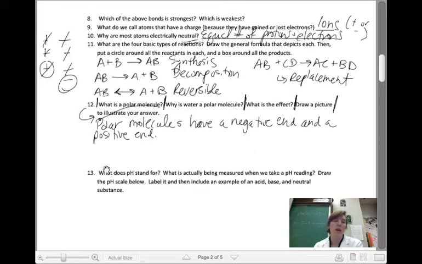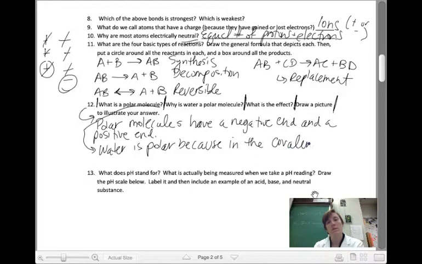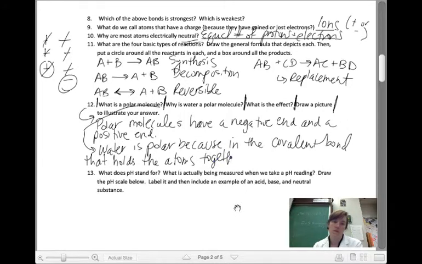So let's talk about why. So water is polar because in the covalent bond that holds the atoms together, oxygen, let's just say electrons are shared unequally.